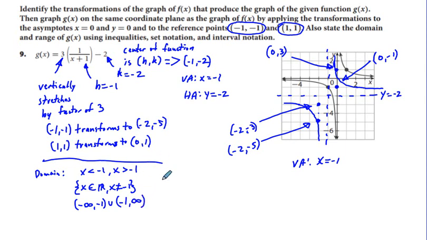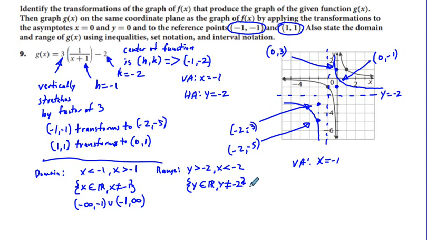And our range is going to be a similar type of notation. We're going to have y is greater than -2, and we're going to have y is less than -2. In our set notation, y is an element of all real numbers, this double script R, except y cannot equal -2.